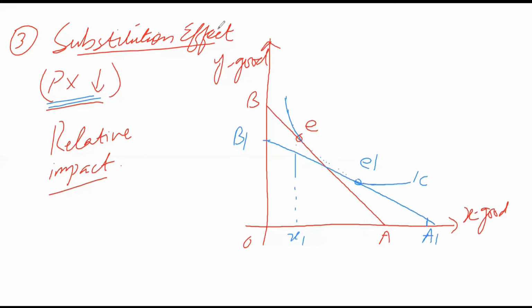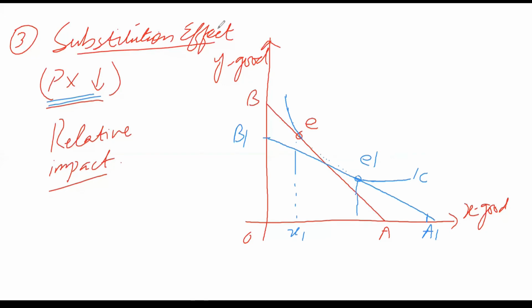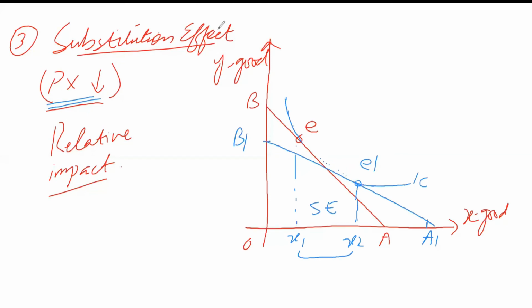As a basic principle, we draw a single IC curve which becomes tangent to both budget lines AB and A1B1, creating tangency at point E as well as E1 on the new budget line.